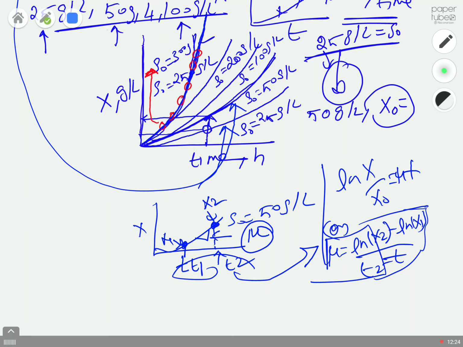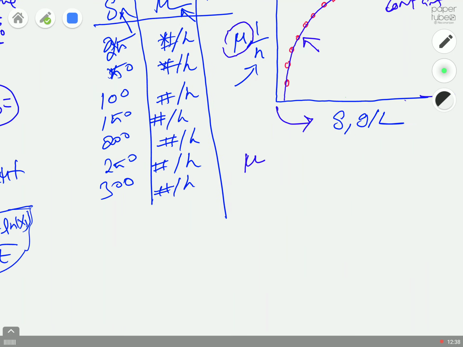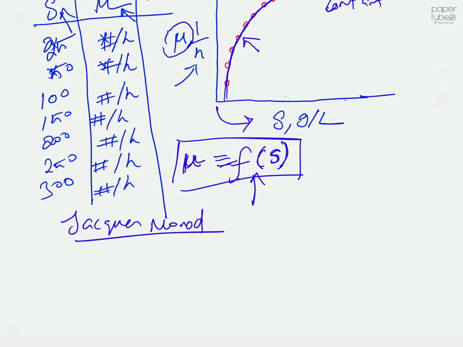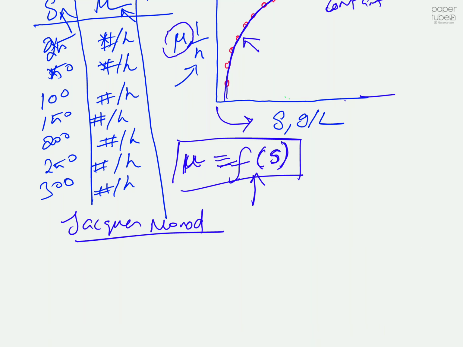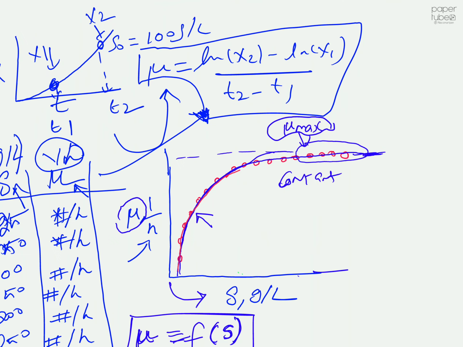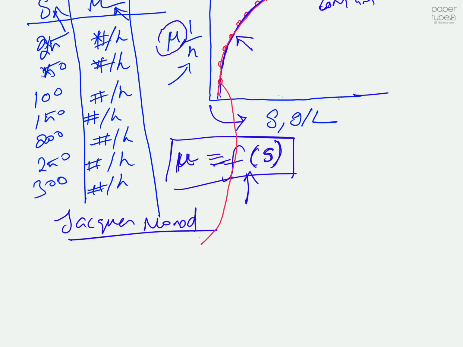Say I showed in this graph, you started with different substrate concentrations, and then you get the mu value from here using the Monod formula. Then if you plot them, you're going to get a trend, and this trend can be mathematically represented using a simple formula.